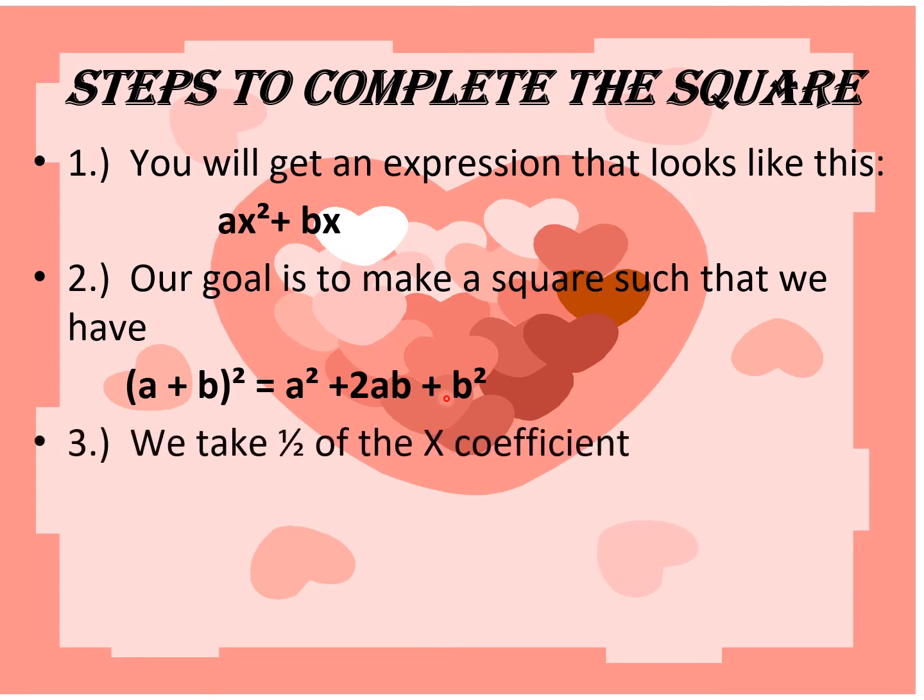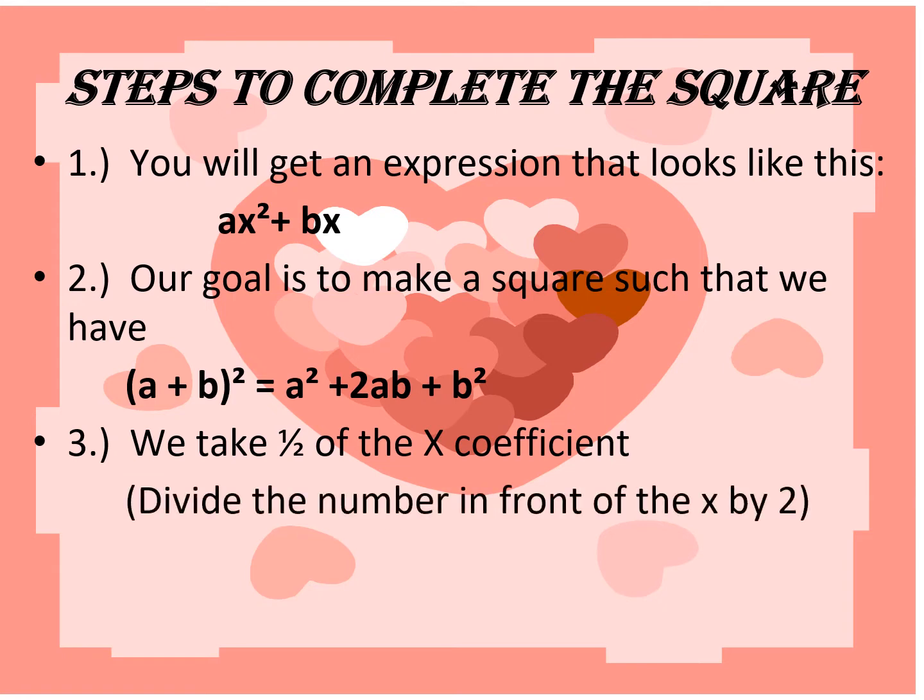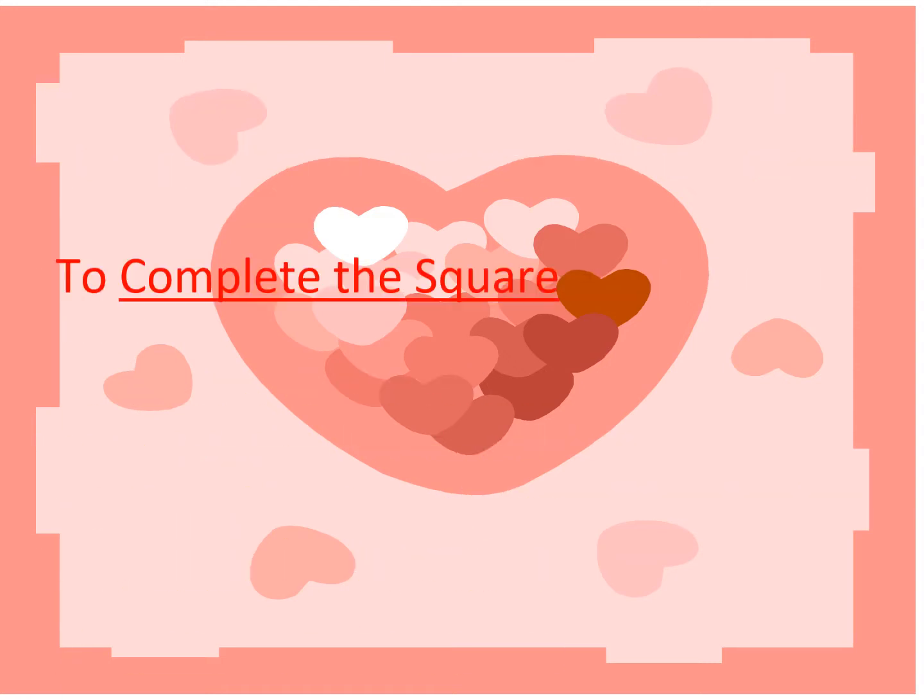So we take 1/2 of the x coefficient, and then divide the number in front of the x by 2. And then number 4 natin is square that number. Pag nakuha natin yung square of that number, yun yung i-add natin to both sides.